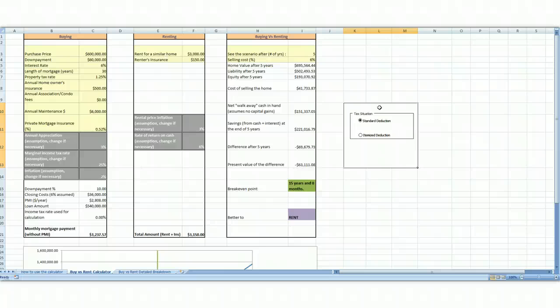For example, if you are in Texas and you are buying a really modest foreclosure home for $80,000, you will probably take the standard deduction, because just the mortgage interest alone won't justify taking an itemized deduction. But if you are buying a house where itemized deduction makes sense, check this itemized deduction combo box and the value will automatically change.